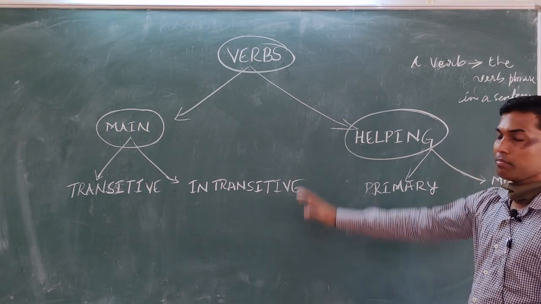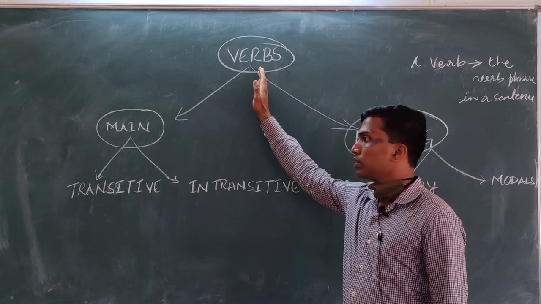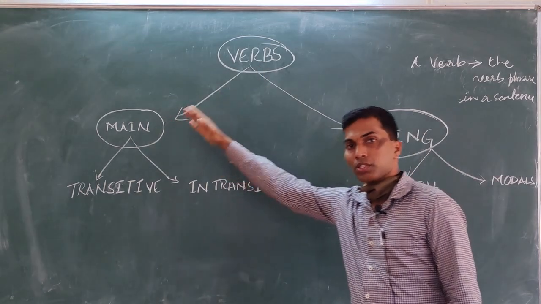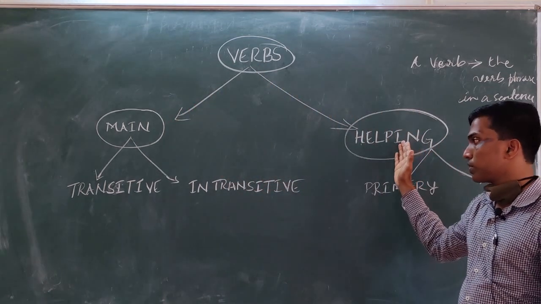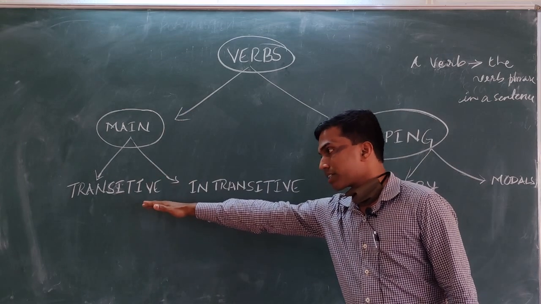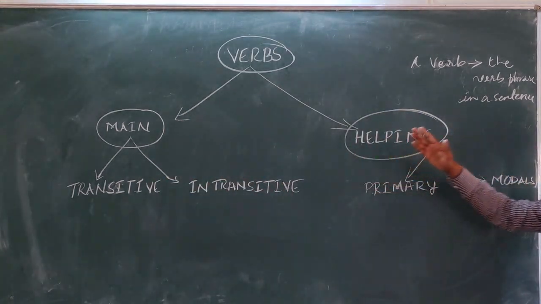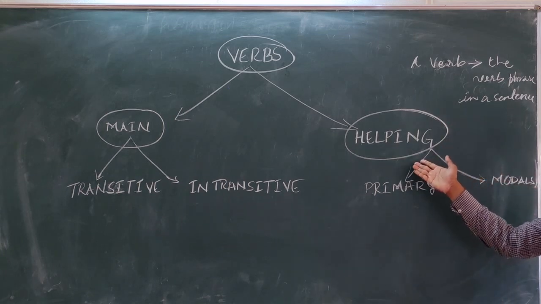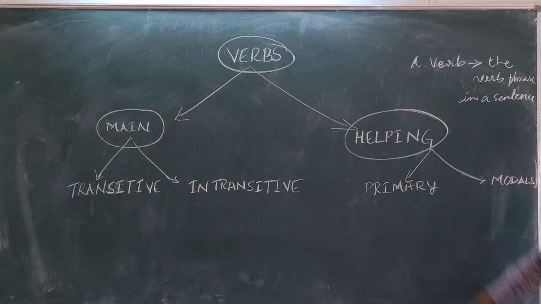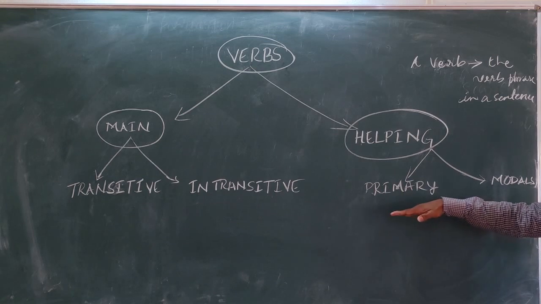One more time: verbs, main verbs, helping verbs, transitive main verbs and intransitive main verbs. In the helping verbs category, we have two more subcategories: primary helping verbs and modals.